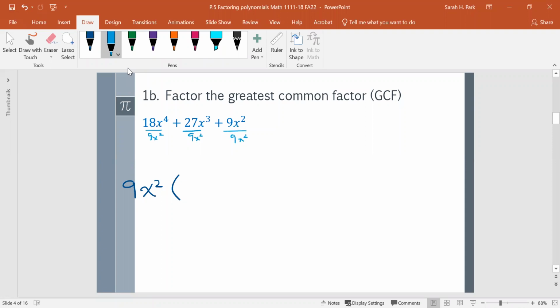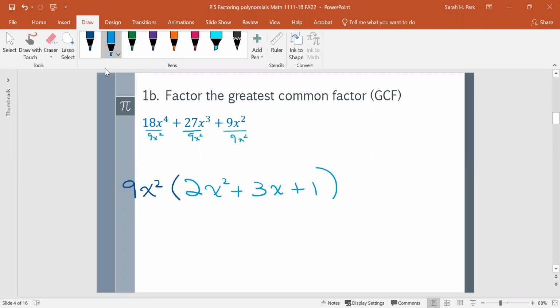So if I divide 18 by 9, it's going to give us 2. x to the fourth divided by x squared: with the division of x terms, you're going to subtract the exponents. So we have x squared, plus 27 divided by 9 is 3. x to the third divided by x squared is x, plus 9x squared divided by 9x squared gives us a 1.